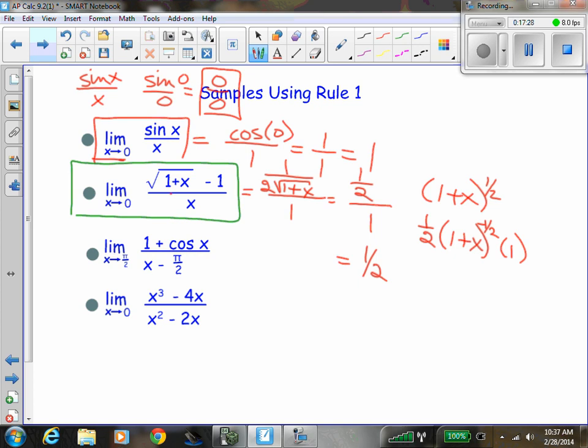All right, now, check first to see that this gives you 0 over 0. If I put in pi over 2 here on the bottom, I get pi over 2 minus pi over 2, which is 0. Okay, but now up on top, what's the cosine of pi over 2? All right, it's 0, right? But this is 1 plus the cosine, so this is 1. All right, now, is that an indeterminate form?